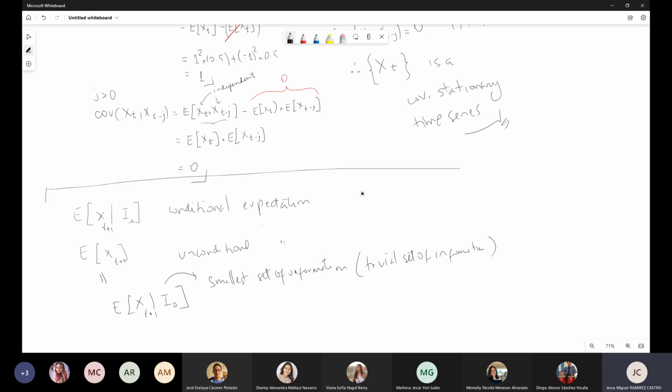Okay. So if this is the smallest set of information, I0, let's say there is another set of information, I1.